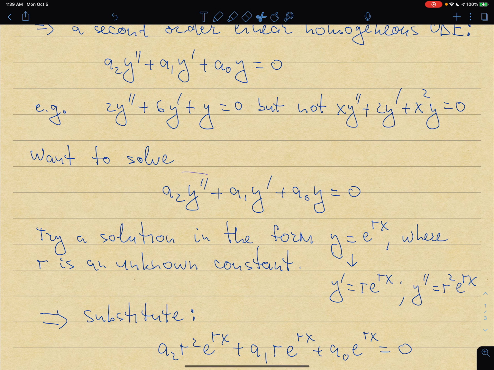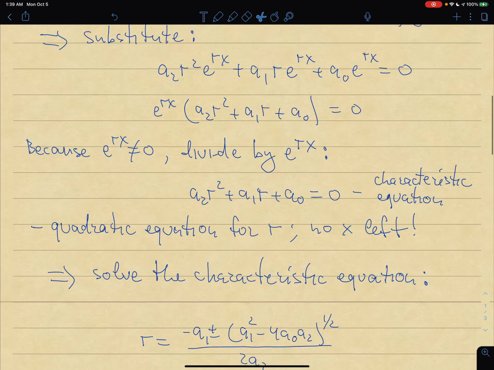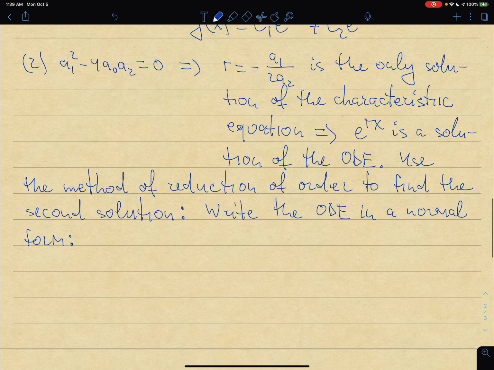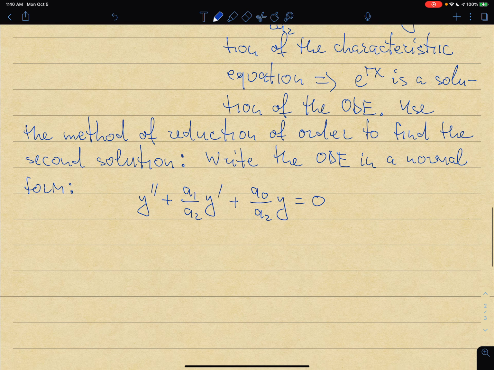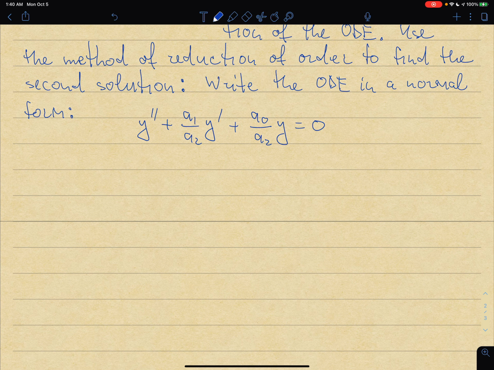It looks like this. So in the normal form, we need to divide by a2. So once we divide by a2, the equation becomes y double prime plus a1 over a2 y prime plus a0 over a2 y equal to 0. Okay, so then we use the method of reduction of order formula.